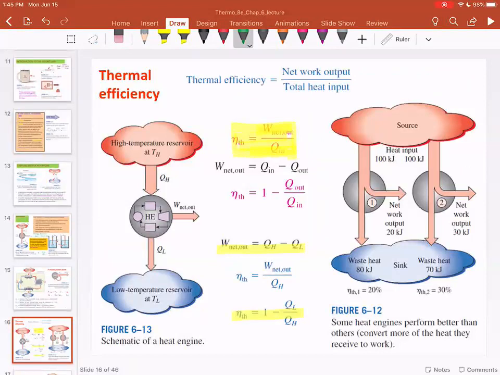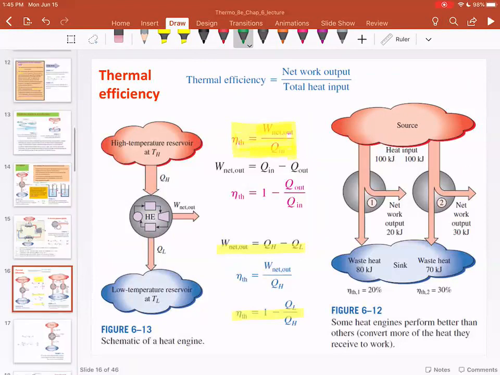And we talked about the thermal efficiency a minute ago. So for thermal efficiency, you will always write it in terms of energy balance, and the work output divided by the heat input is the equation for thermal efficiency.